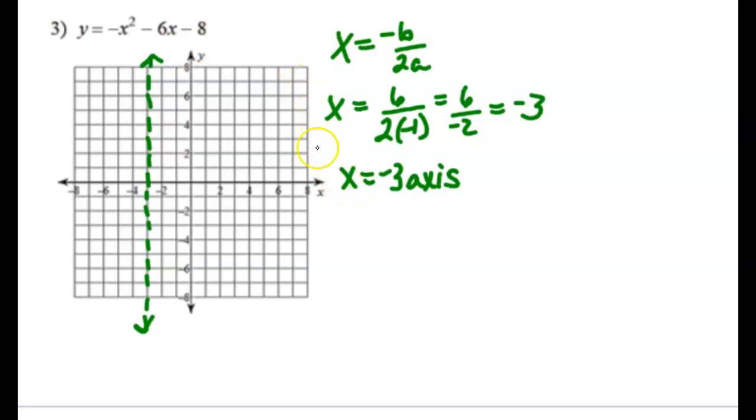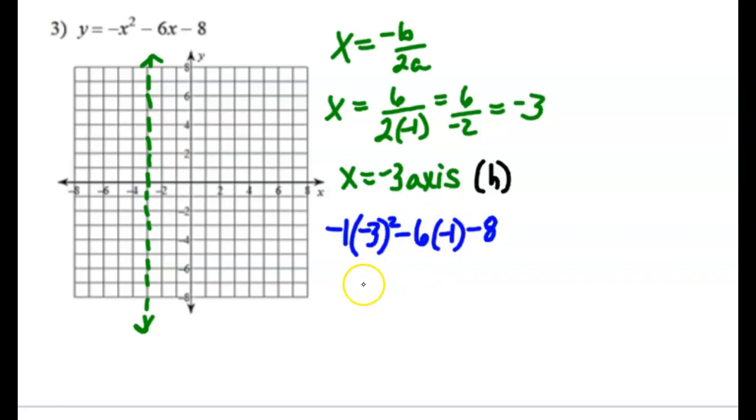So this is the h value of the vertex. If I plug that back in to the equation carefully, there was a negative 1 and then an x squared minus 6 times negative 1 minus 8. I can use my calculator, but I think I get negative 11. So the vertex, no, I don't.